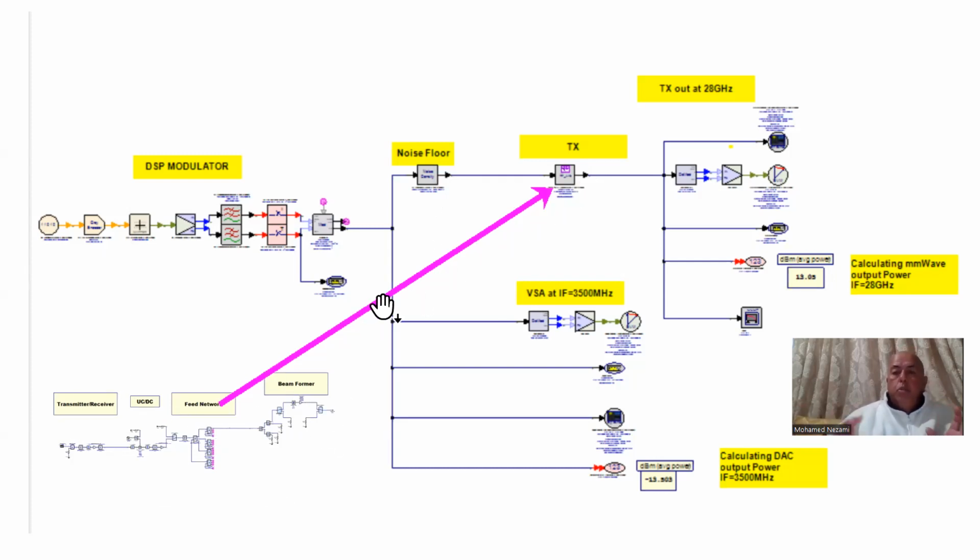Notice now, this is co-simulation, because this is digital signal processing running at sample rate, and then this is an RF chain. So I bring in this RF chain here, and then I play this 5G waveform through it.